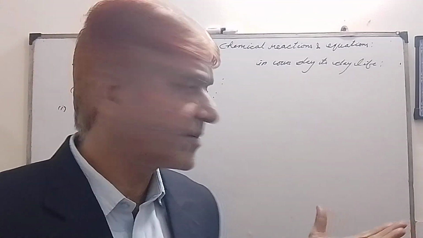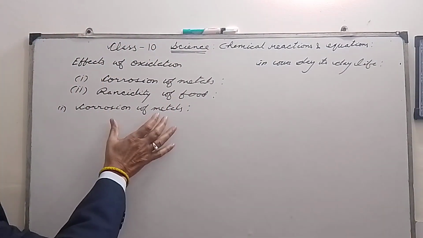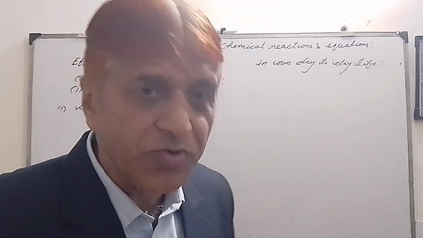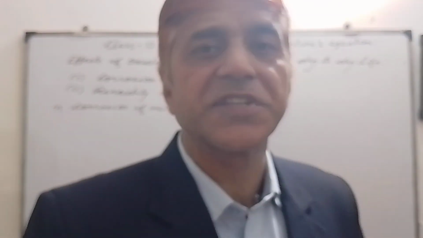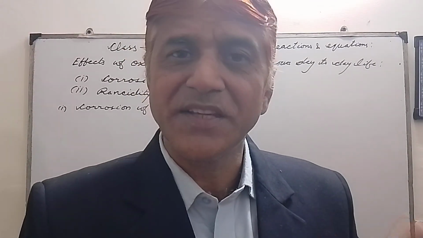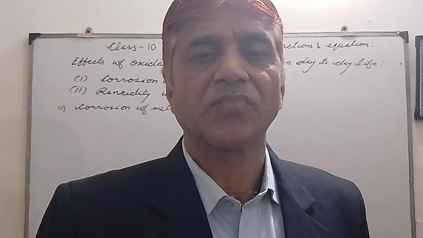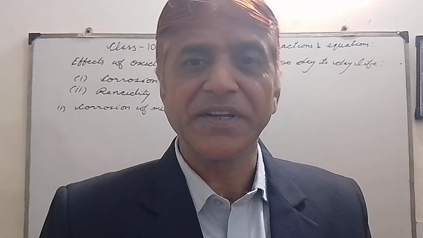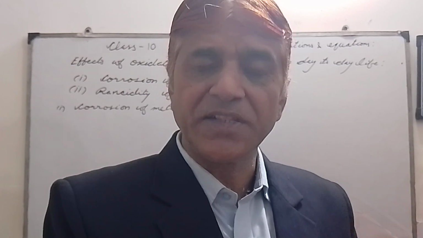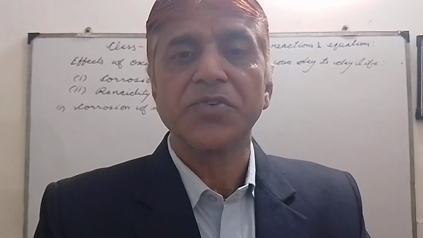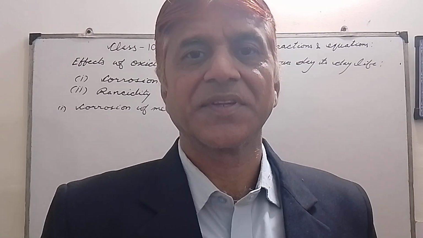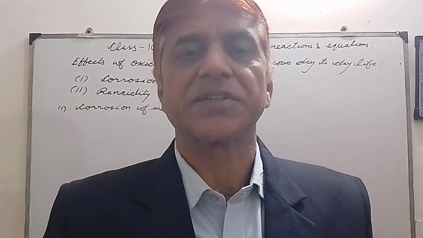We will discuss this later. When metals are exposed to moist air, they get corroded due to oxidation, because air contains oxygen. So metals react with oxygen to form metal oxides. That is corrosion.